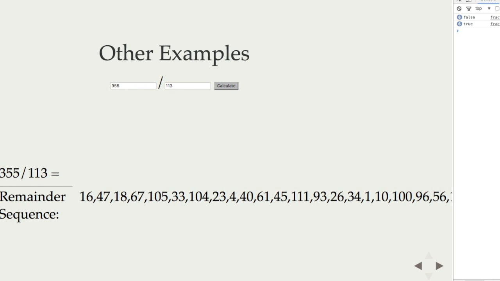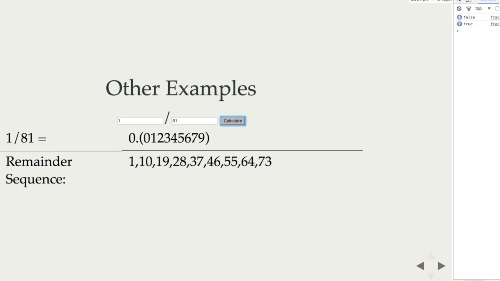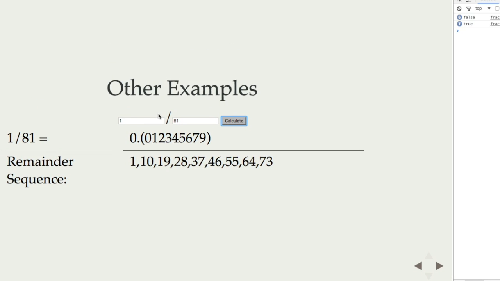Okay, I think I'll give you another example here, which is 1 over 81. That's an interesting example. The sequence here is about 10 digits, I think.